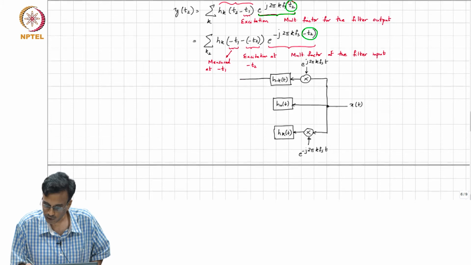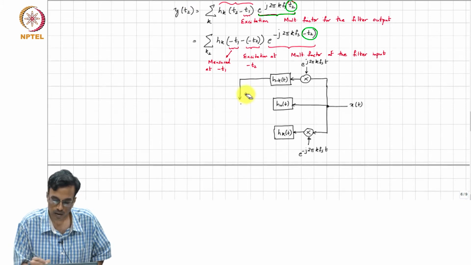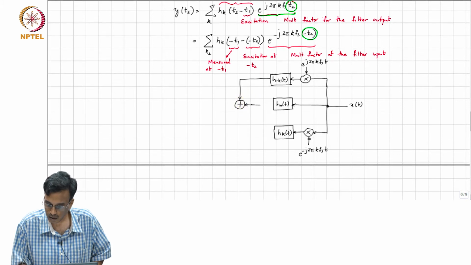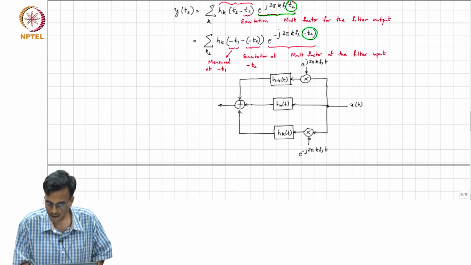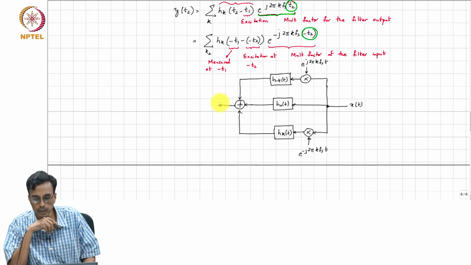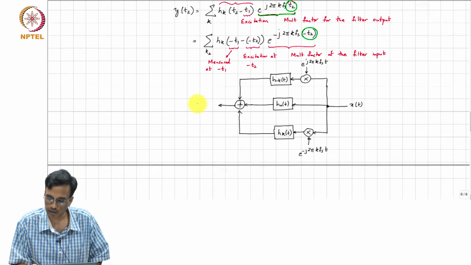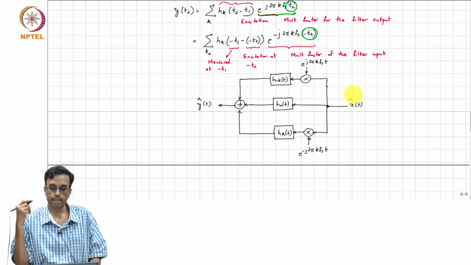And what are we doing with all the outputs? We are adding them up. All right, and let us call this x hat of t and then y hat of t.